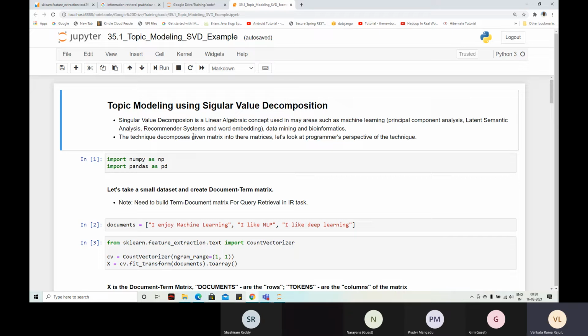Singular value decomposition is a linear algebraic concept used in many areas, such as principal component analysis and latent semantic analysis. That's the technique we are going to use for topic modeling.